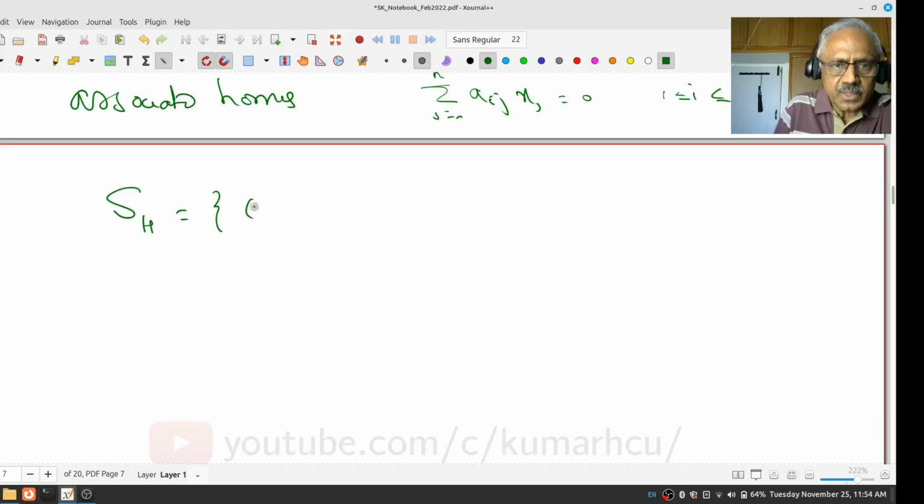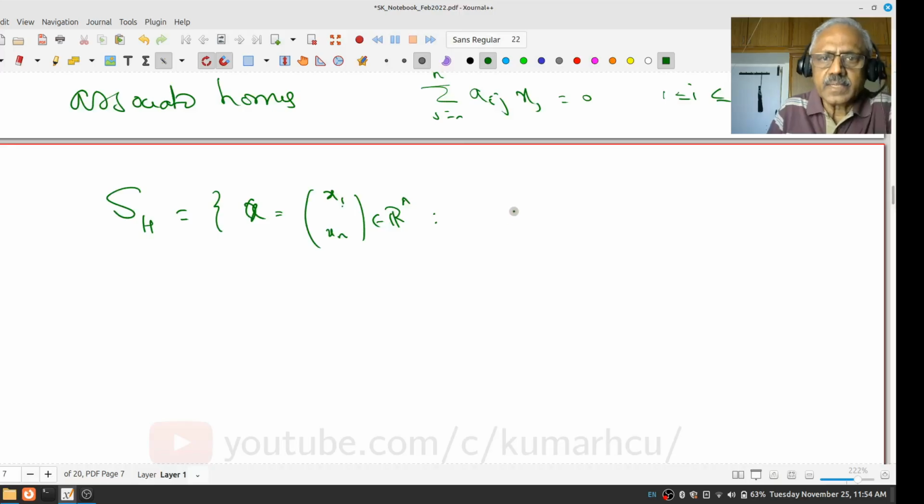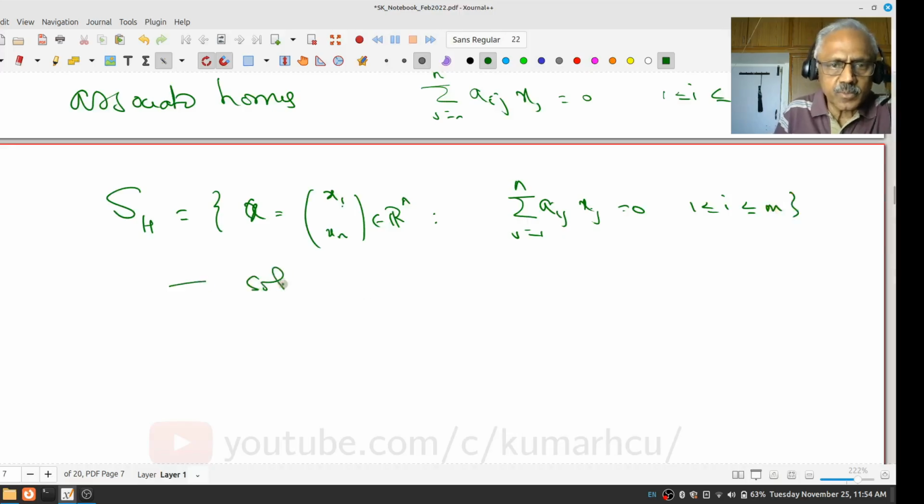Now suppose S_H is the solution set of the homogeneous system. So let me write x as a column x1 to xn in R^n such that the sum over j from 1 to n of a_ij x_j is 0 for 1 ≤ i ≤ m. This is the solution set of the homogeneous system.